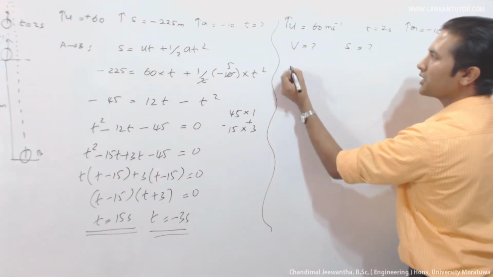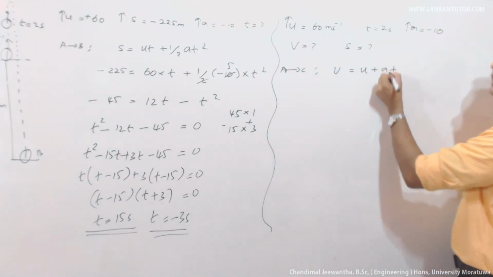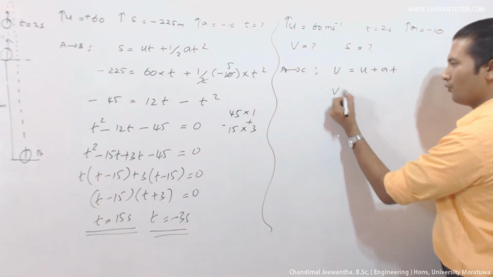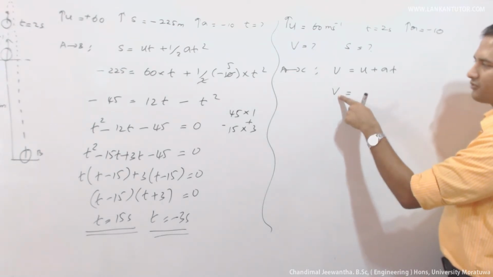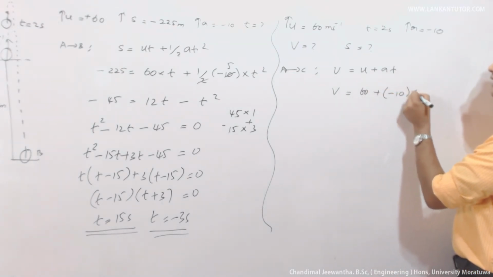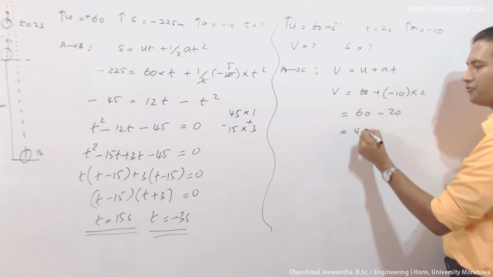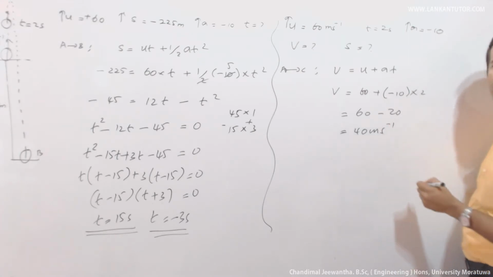So in order to find the velocity from A to C, you can apply V equals U plus AT. The initial velocity is 60, the acceleration is minus 10, then 2, so 60 minus 20 gives you 40 meters per second.